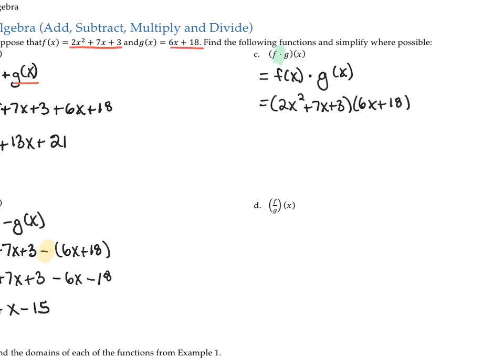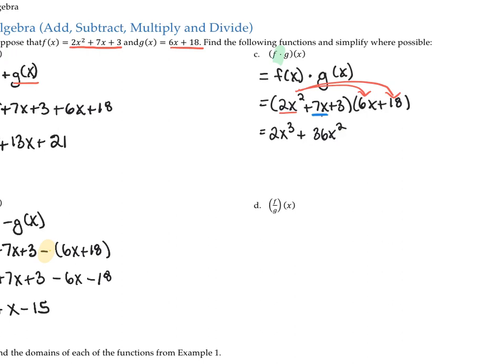Whether you do the distributive property or a window pane method, we're just multiplying polynomials here. So go ahead and do whatever method makes sense to you. What I like to do is send the first term through, and then move down a line so that I can effectively combine my like terms.